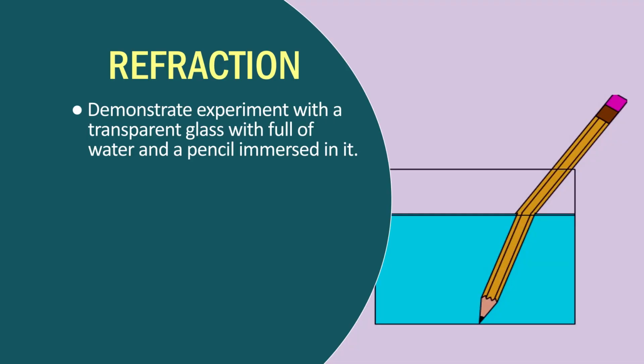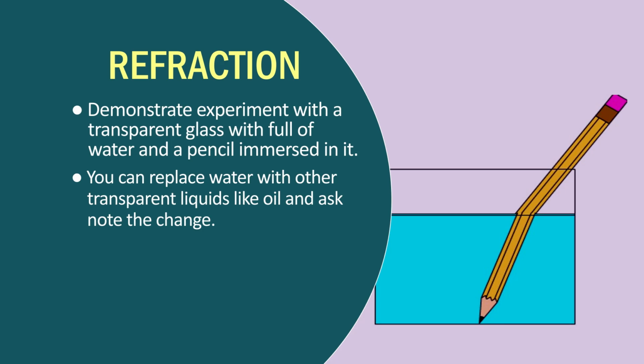They will tell you that the pencil is not straight, it looks somewhat tilted. Give them pencils of different shapes and sizes. Let them try whether the observation is the same or not. One more thing you can do, give them different types of liquids, not only water, which are a little bit transparent so that they can observe whether whatever has been dipped in it is visible or not.